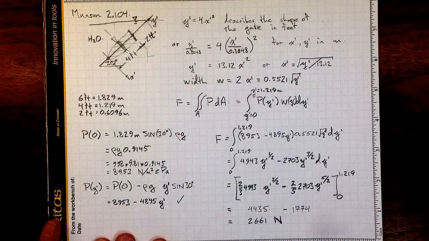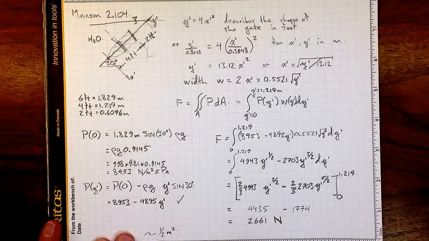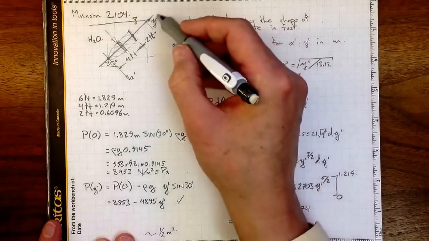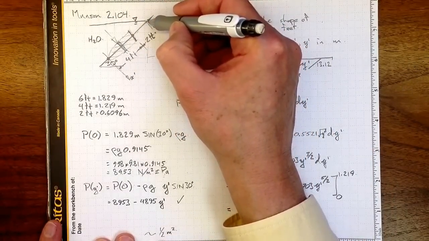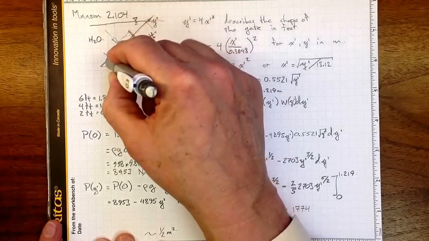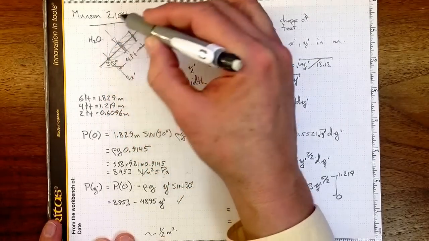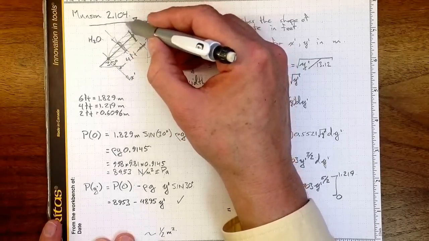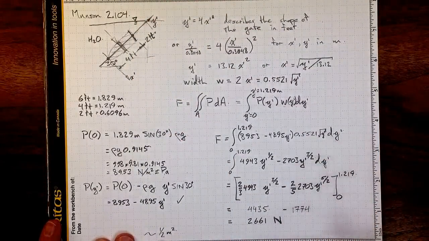So it's around 1/2 a square meter. And at its deepest, it's less than a meter underwater, so shallower, it's probably half a meter underwater on average.